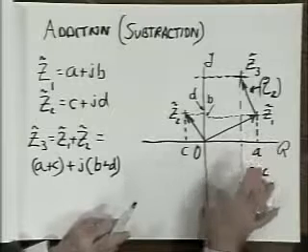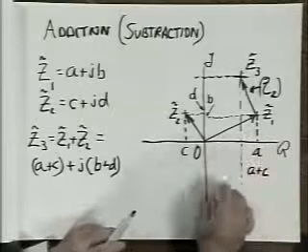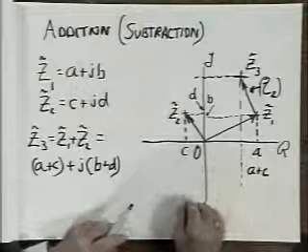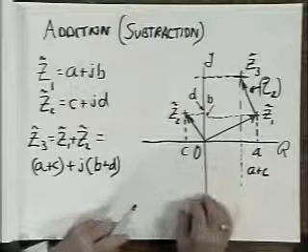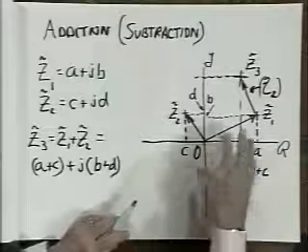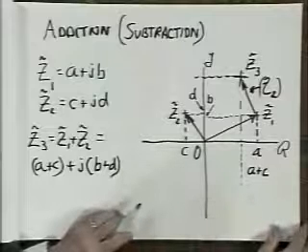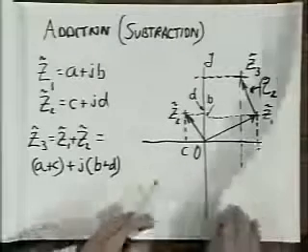That is, the sum of the real parts is the real part of the sum. The sum of the imaginary parts is the imaginary part of the sum. And in vector terms, it's just like adding vectors. Now, what about multiplication or division?